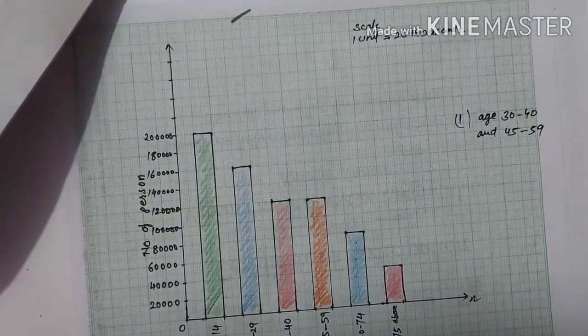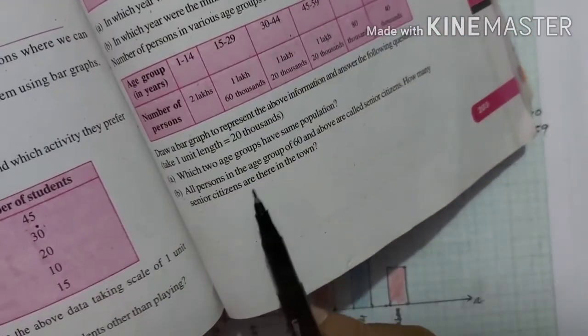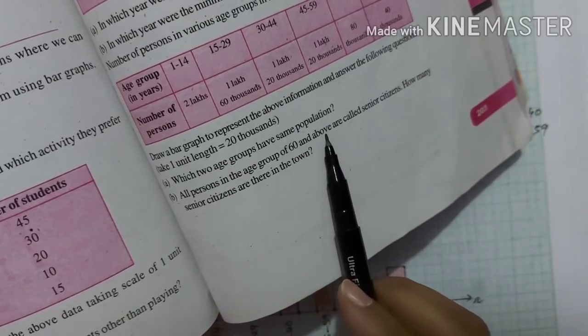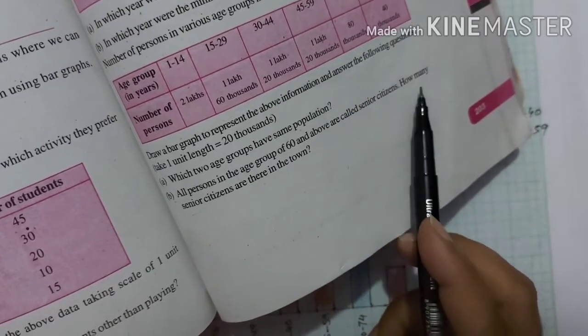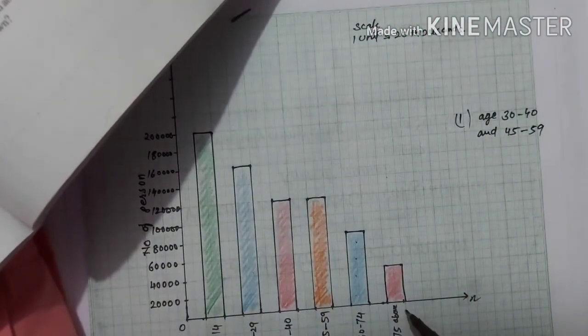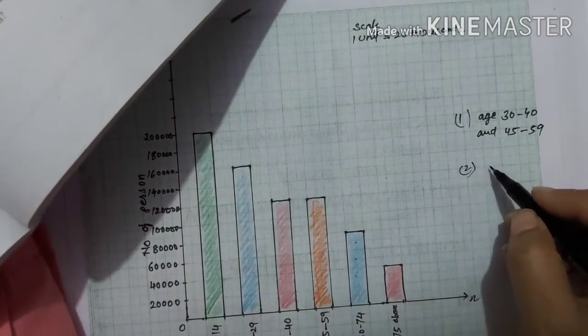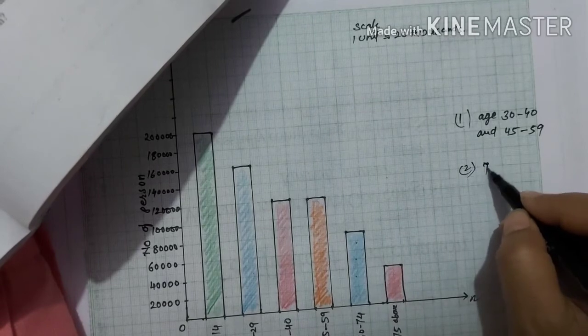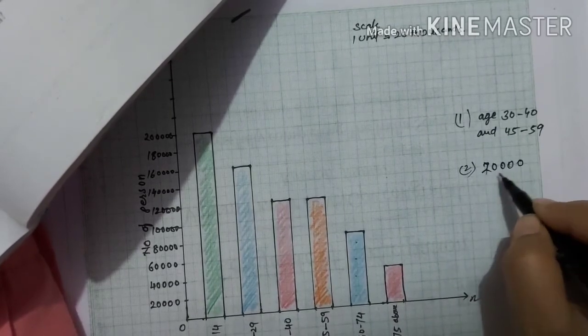They are the same. And the second asks: all persons of age 60 and above are called senior citizens. How many senior citizens are there in the town? So the senior citizens are 80,000 plus 40,000, which is 1,20,000.